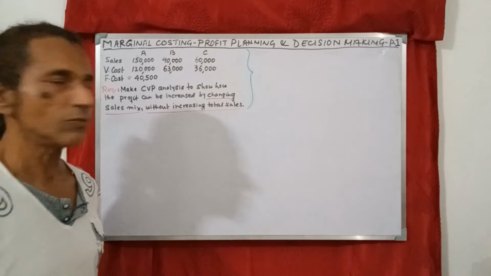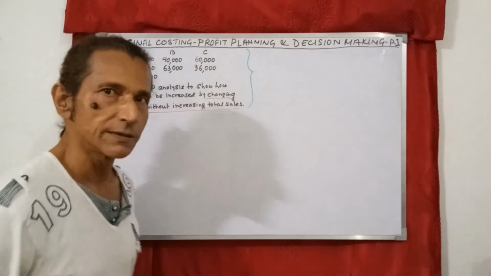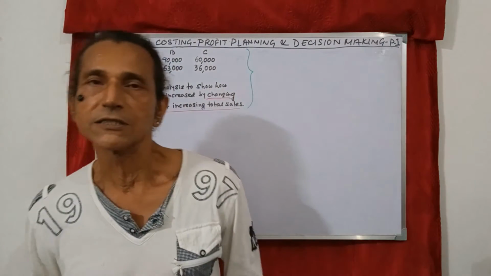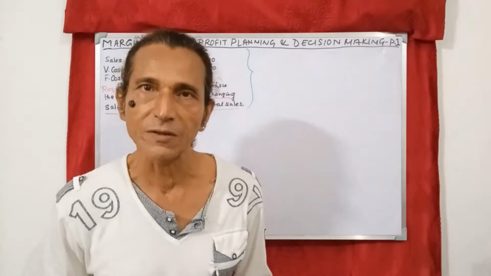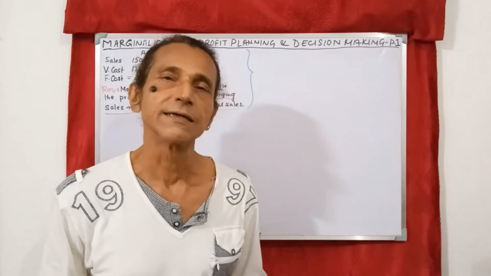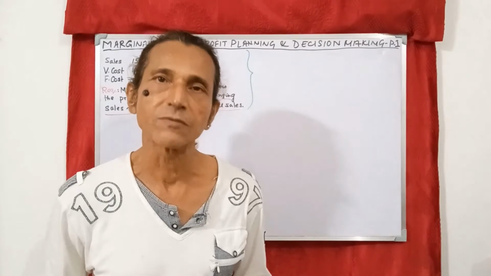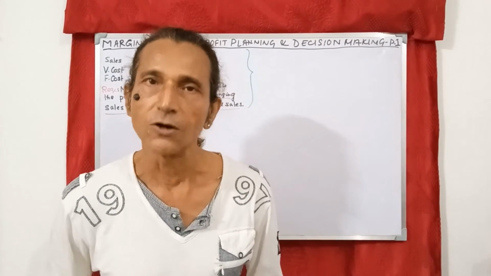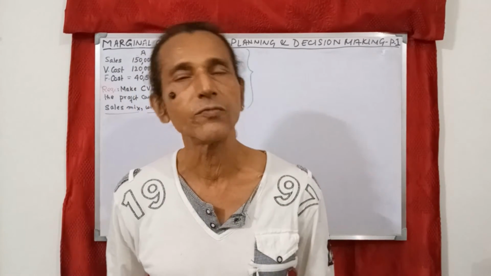When some products are less profitable and some products are more profitable and there is demand in the market for the more profitable products, only then the firm can think of changing the sales mix.